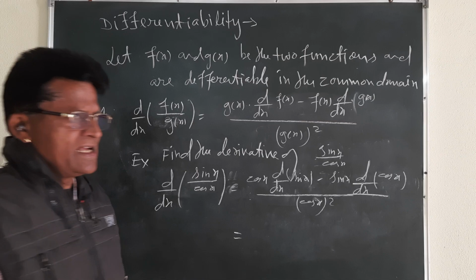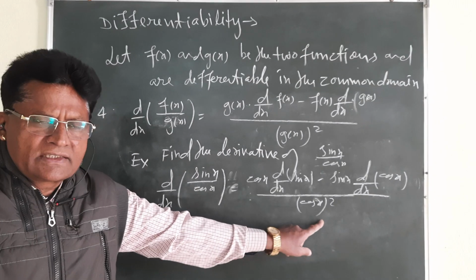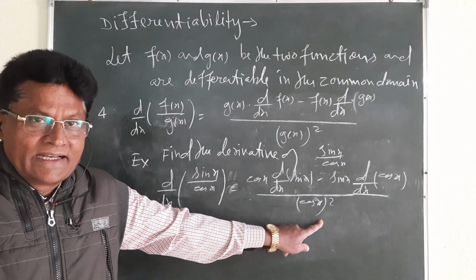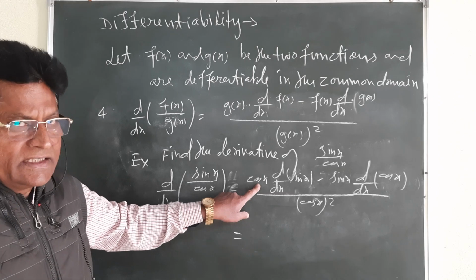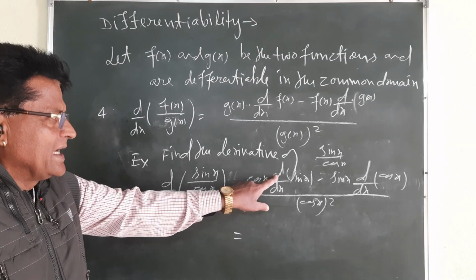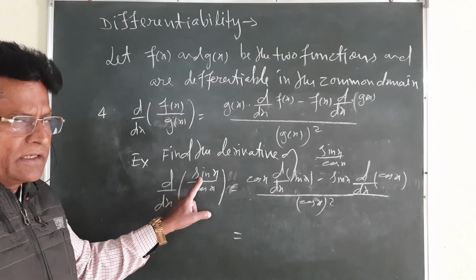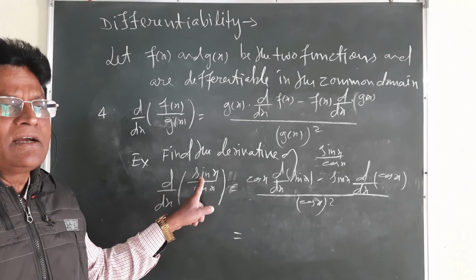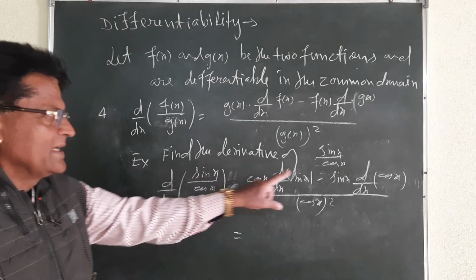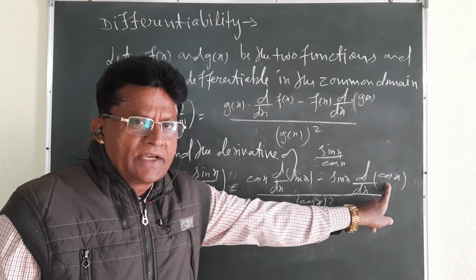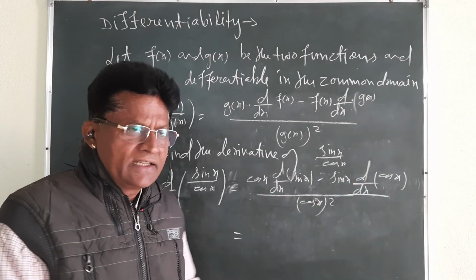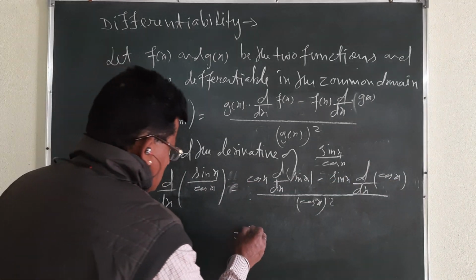Once again you see, I got the square of the function which is given in the denominator, and the function which is in the denominator you write as it is, derivative of the function which is given in the numerator, minus the function in the numerator as it is, derivative of the function which is given in the denominator. I think you understand this step. This is a very important line.